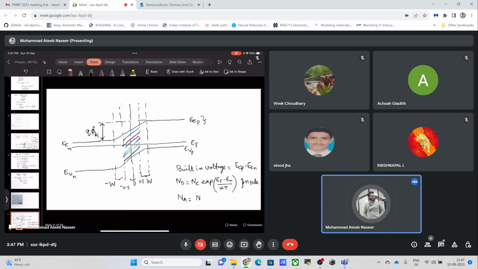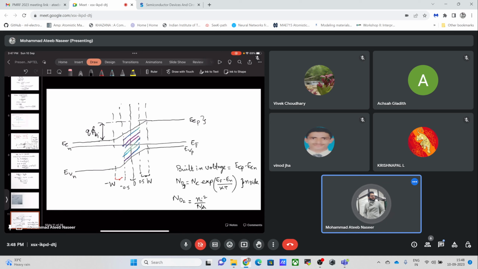Since this Nd1 is on the N side, the Nd2 on the P side would simply be Ni square by Na. Simply, I have used the law of mass action, because we are in thermal equilibrium. So this N into P, the concentration of electrons into the concentration of holes, is simply equal to the square of the intrinsic carrier concentration.